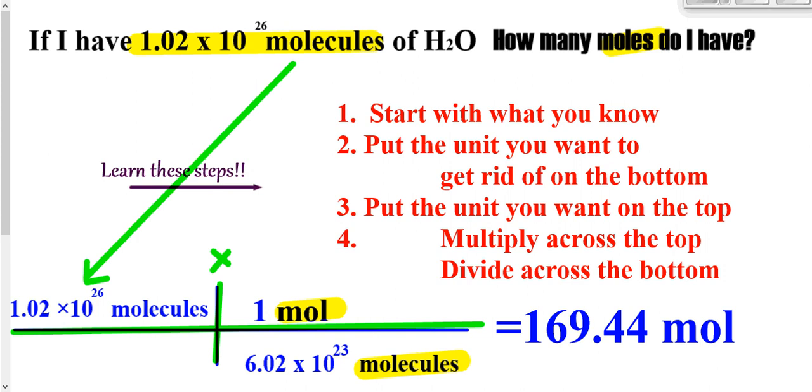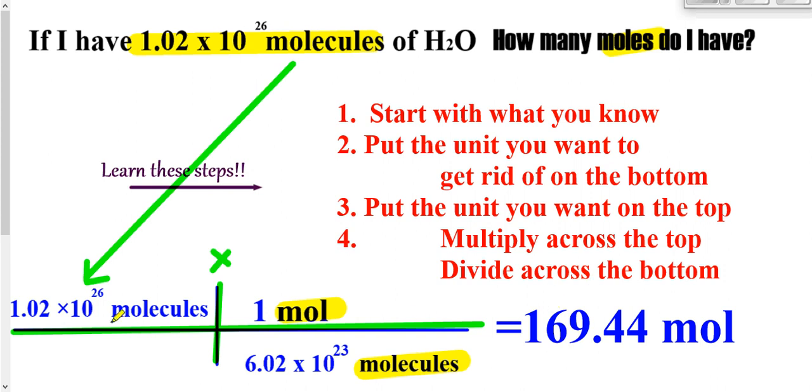Now mathematically, when we see numbers on the top of the line, that means we multiply them. When numbers are top and bottom, we divide. So you'll hear me often say multiply across the top, divide across the bottom. If I take 1.02 times 10 to the 26 molecules times 1, because it's on the top, and then divide by 6.02 times 10 to the 23rd molecules, I'm going to get a value of 169.44.